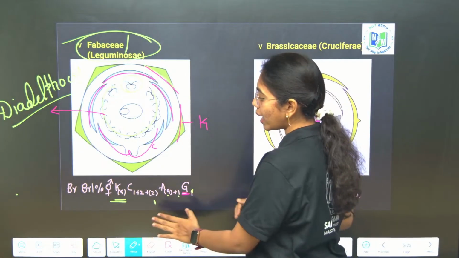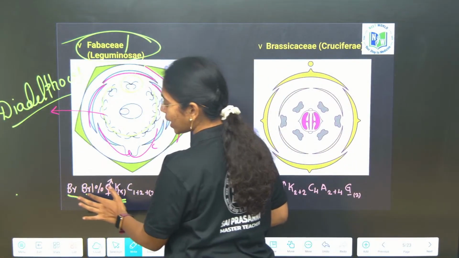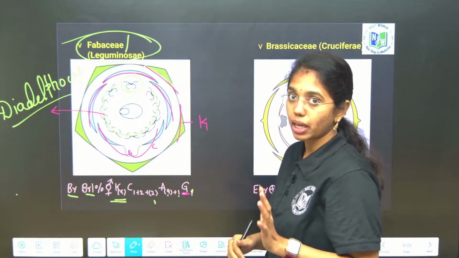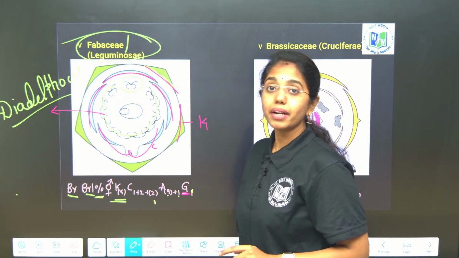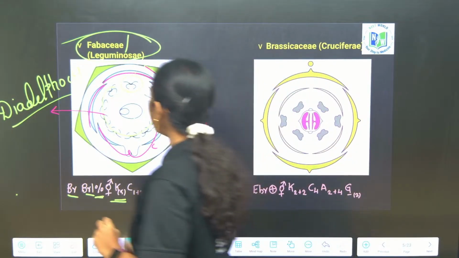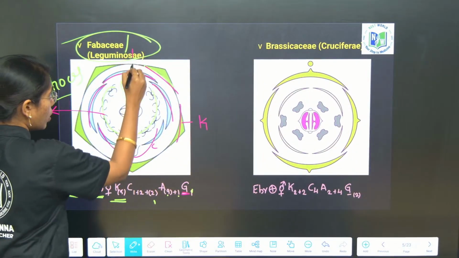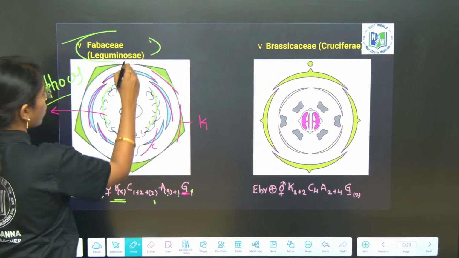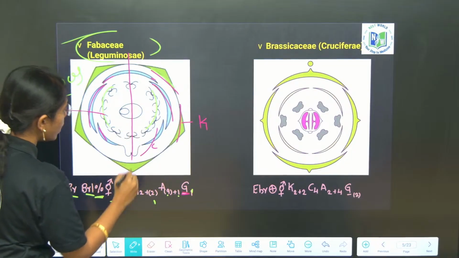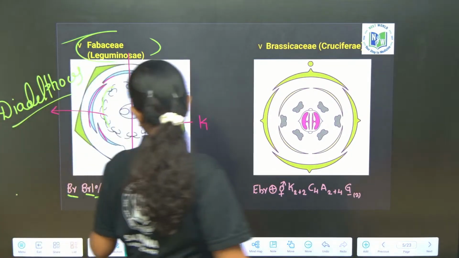Once again, look at the floral formula. It is bracteate and bracteolate for Fabaceae members, beta. And then the symmetry is what? Zygomorphic symmetry, whereby only by a single plane can you divide the flower into two equal halves, which is bilateral symmetry. Okay, a zygomorphic flower.